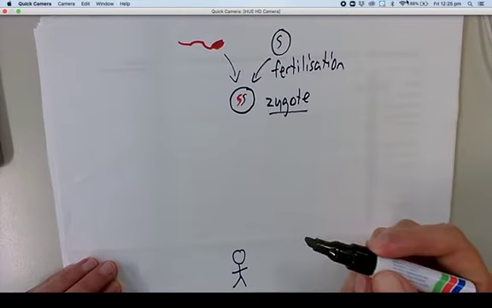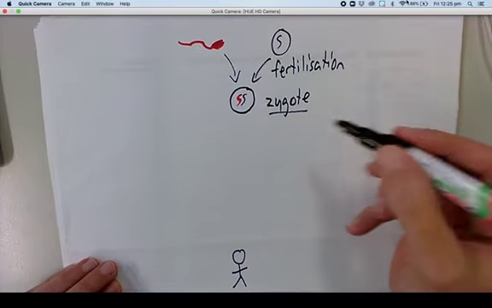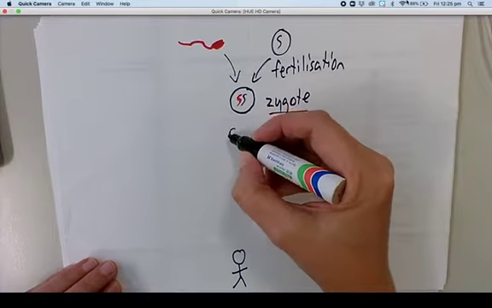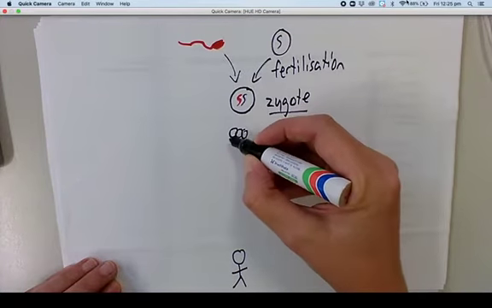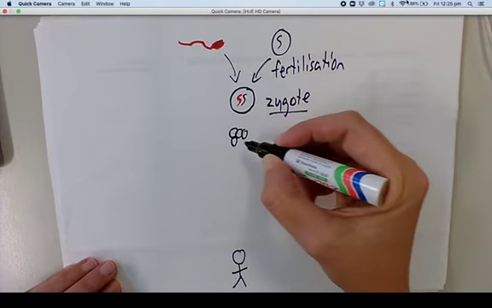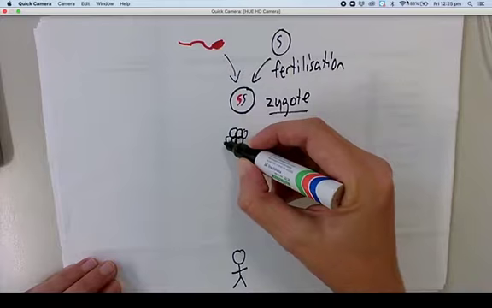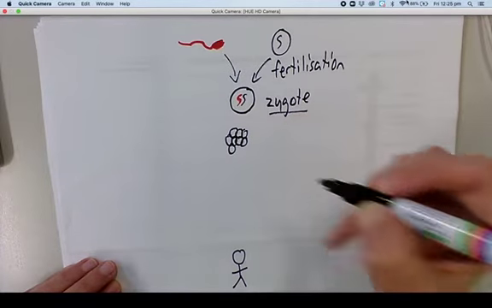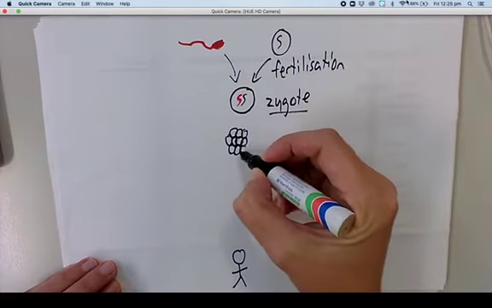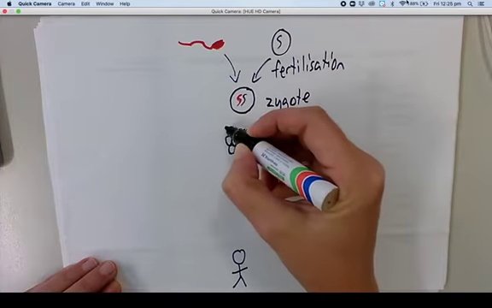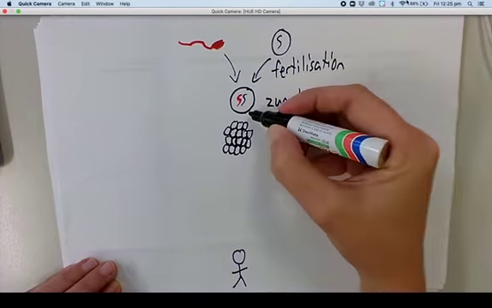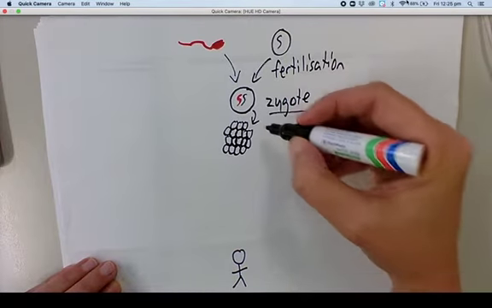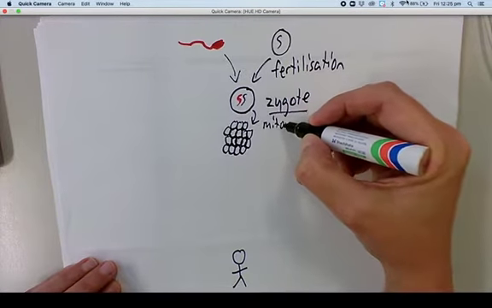So to start with, we can say, well, the zygote could just undergo a process called mitosis to divide once, and then once again, and then once again, and so on. And definitely it's going to do that. That's going to be the first step in this process, is just mitosis.